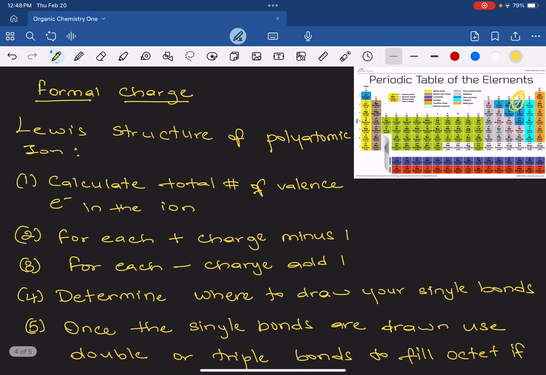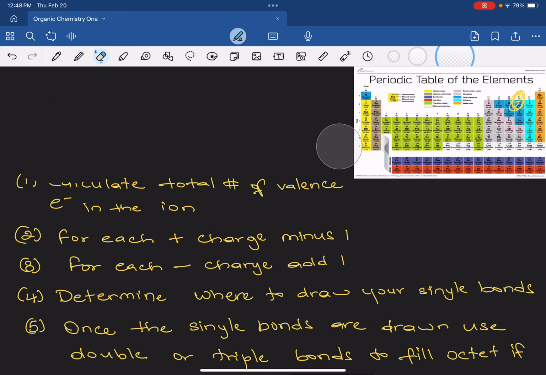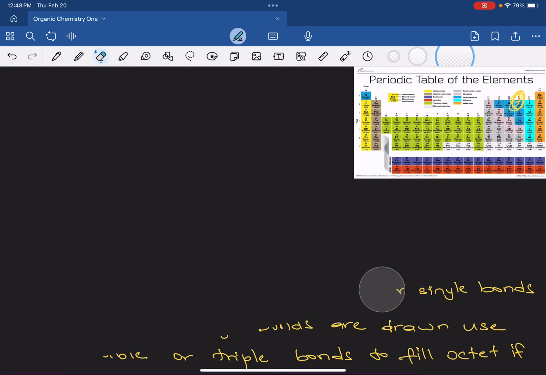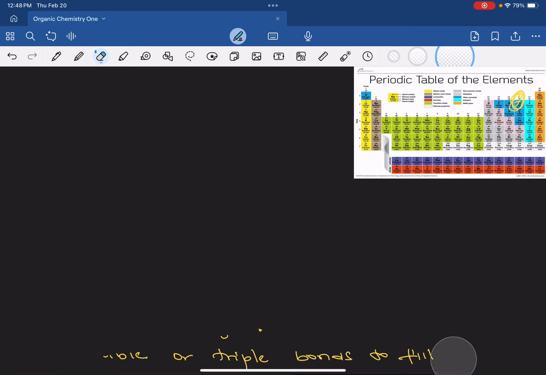So let's erase some of this and make ourselves some space so we can work another example. Let's try HCO3 minus.